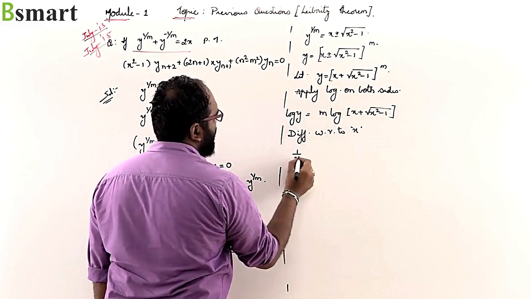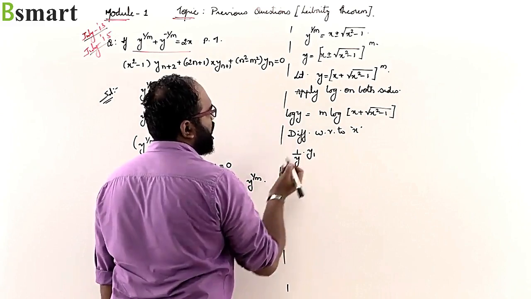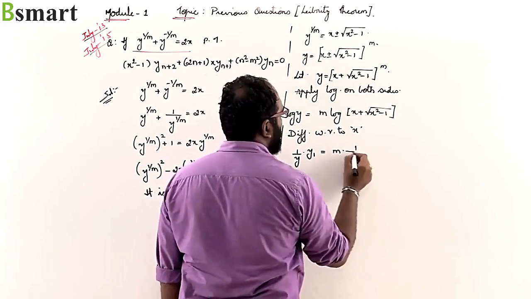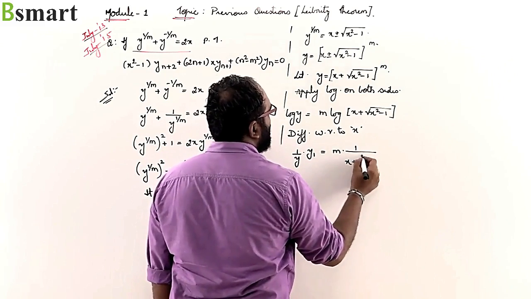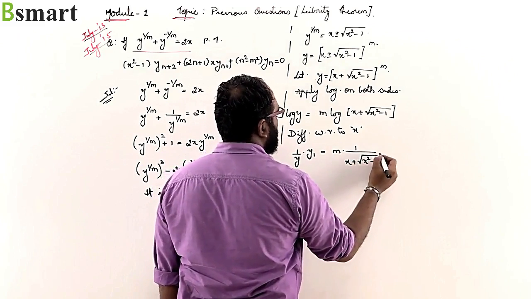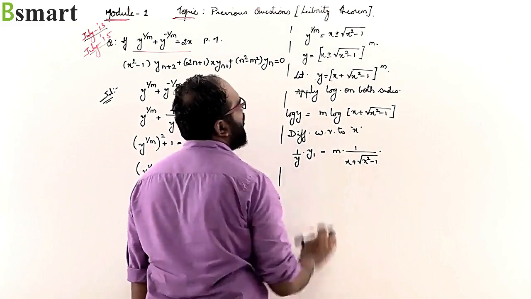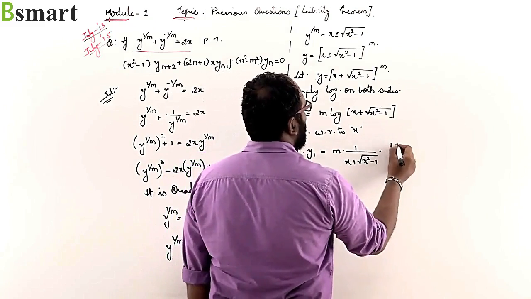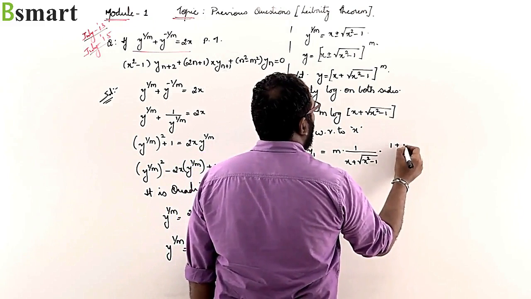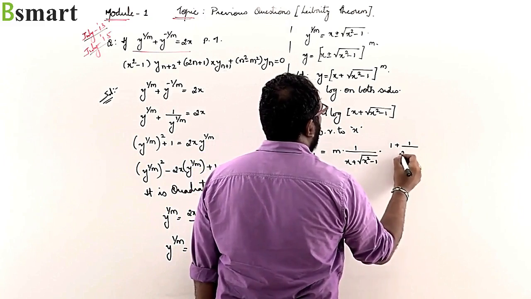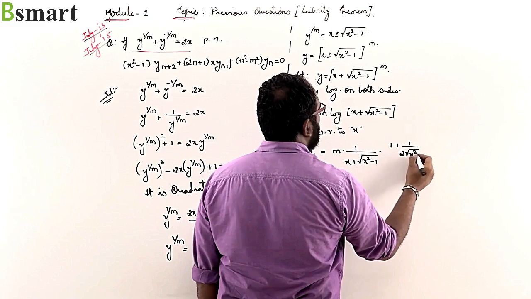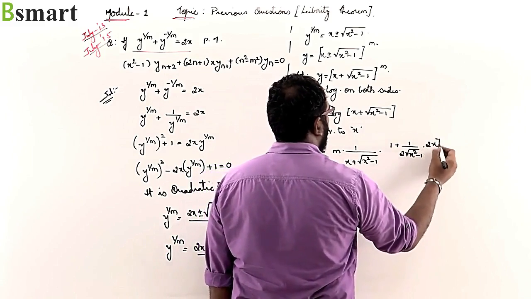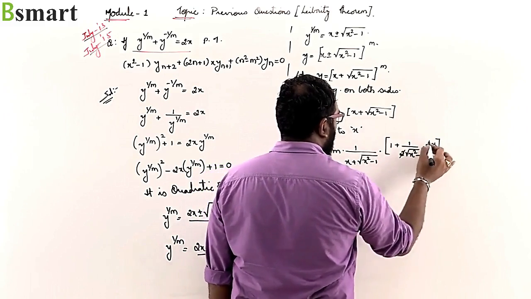That is 1 by y into derivative of y is y1 is equals to m into derivative of log, that is 1 by x plus root over x square minus 1 into derivative of x plus root over x square minus 1, is 1 plus derivative of root, that is 1 by 2 root x square minus 1 into derivative of x square minus 1 is 2x. So here 2 and 2 will get cancelled.